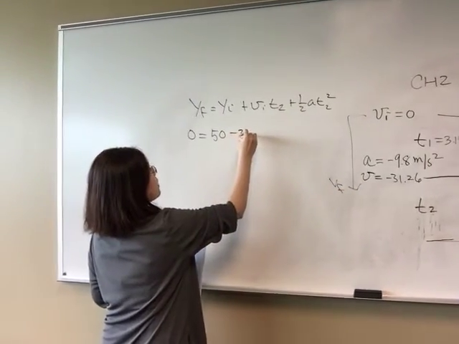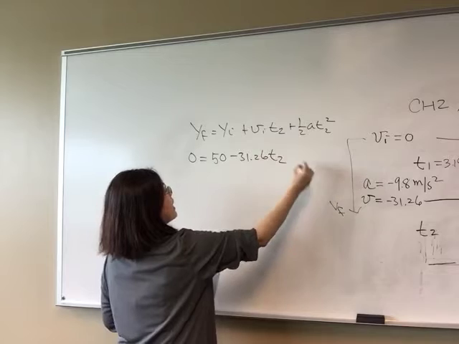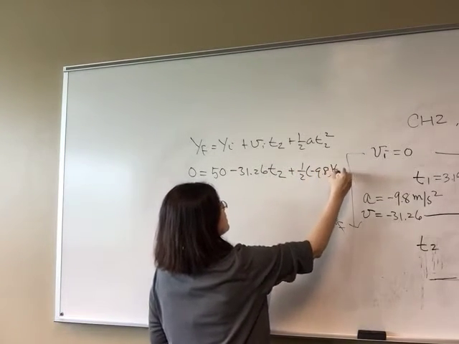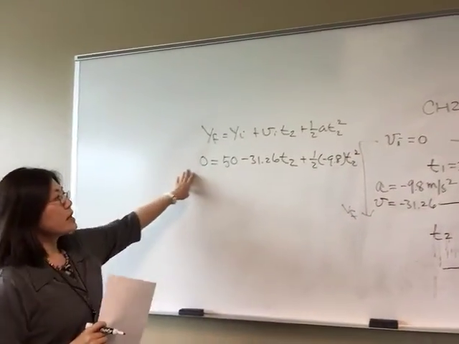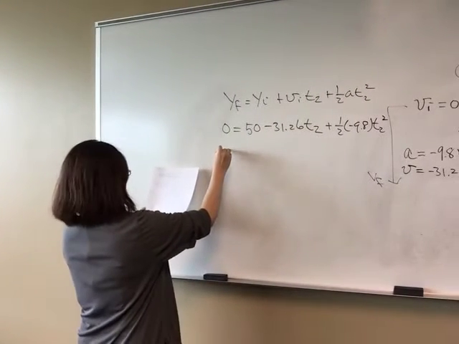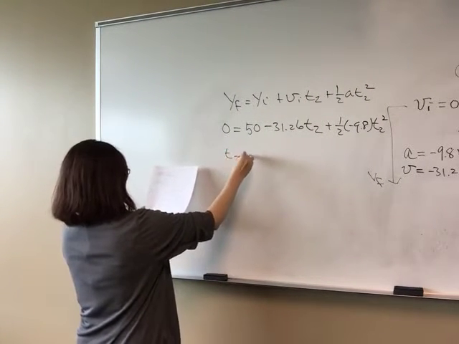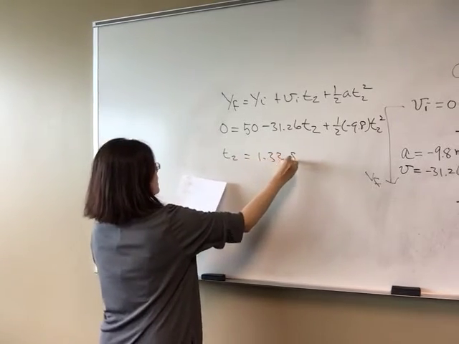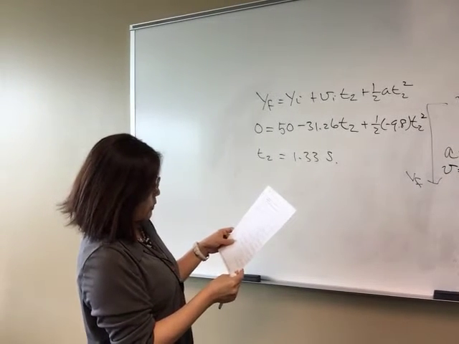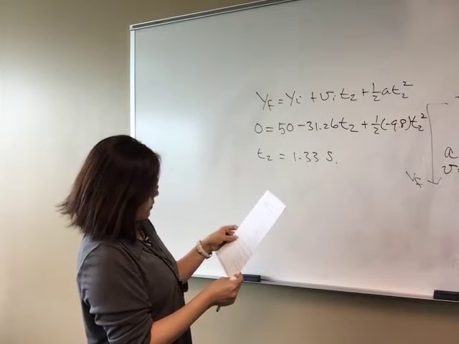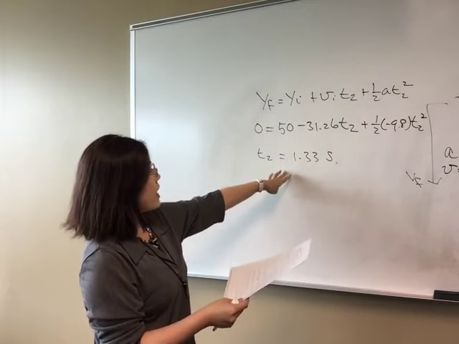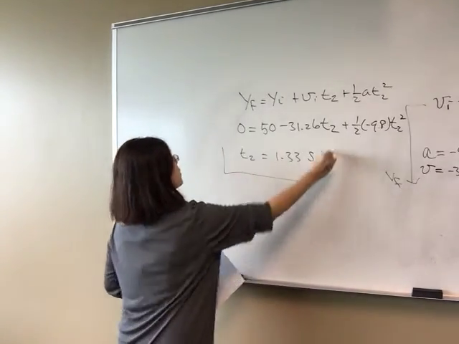So negative 31.26 times T2, plus 1/2 times negative 9.8 times T2 squared. You can see that this equation gives you a quadratic equation, and you can calculate T2, which then becomes 1.33 seconds. So your T2 here is 1.33.